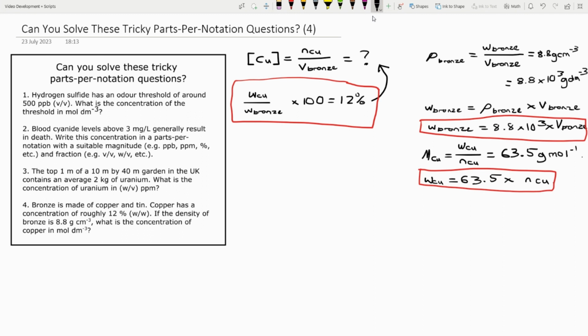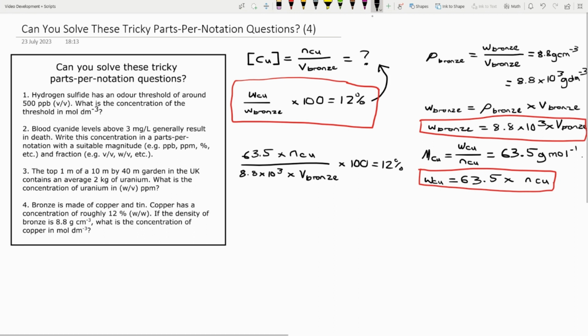We know that W copper is 63.5 times the moles of copper, and we know that W bronze is equal to 8.8 times 10 to the 3 times the volume of bronze. And if we times this by 100, we get 12%. So now you can see that this bit looks exactly like this bit.